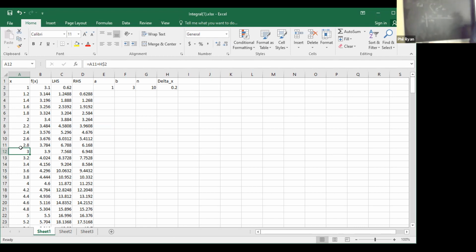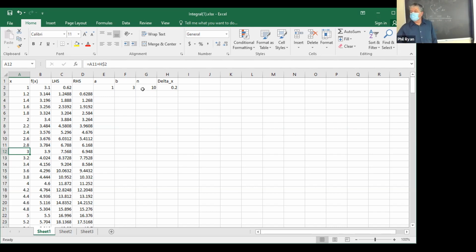So it's going to be this one, 6.948. Okay, that's okay. Their numbers are pretty close. So that's going to be pretty good. And so we would just take the average of that, which would be 6.868, I believe.